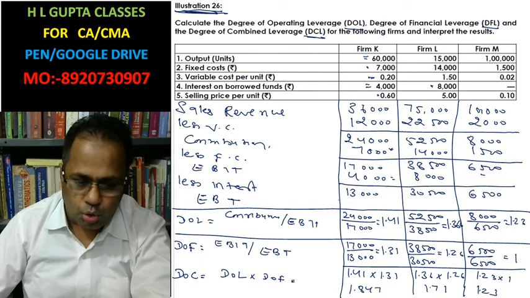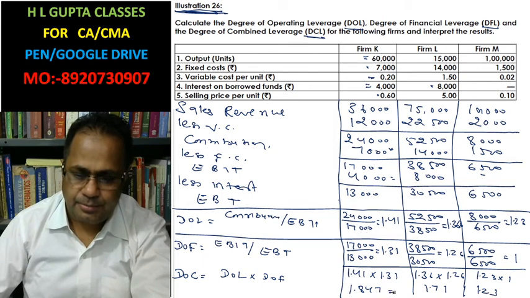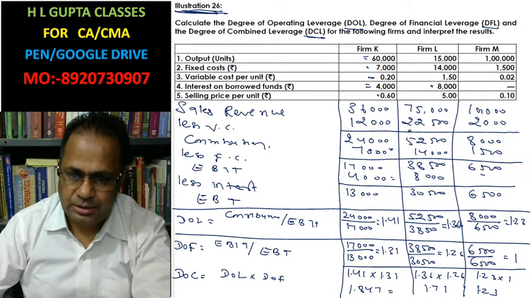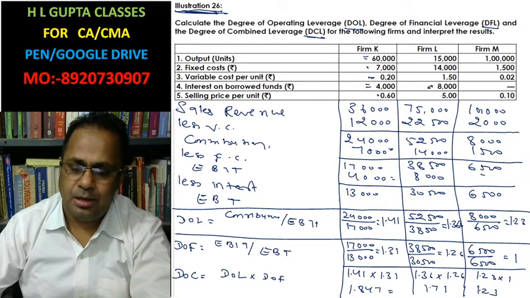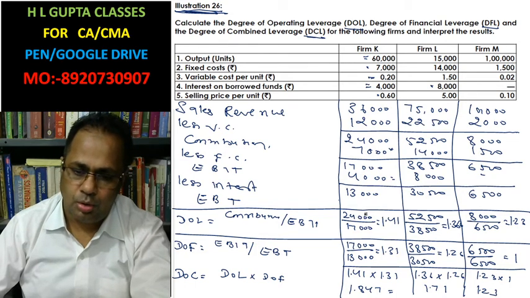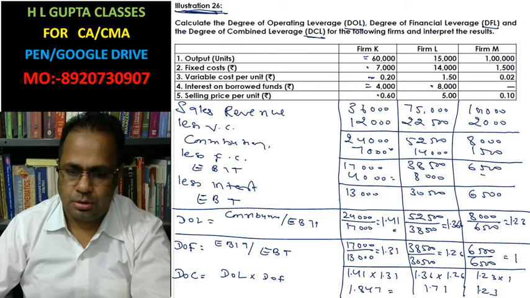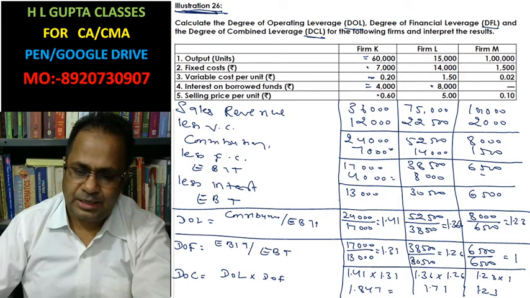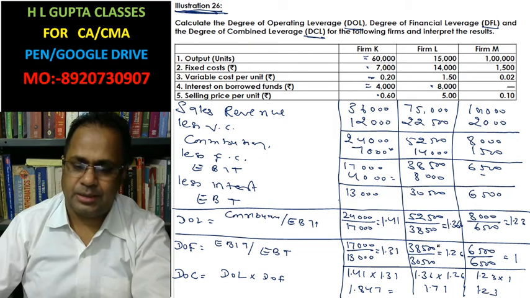Form L has fixed cost 14,000 and interest 8,000, and combined leverage 1.71.